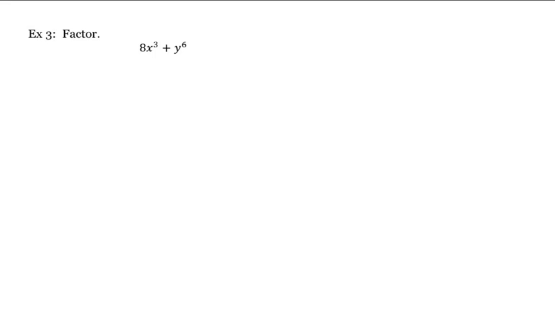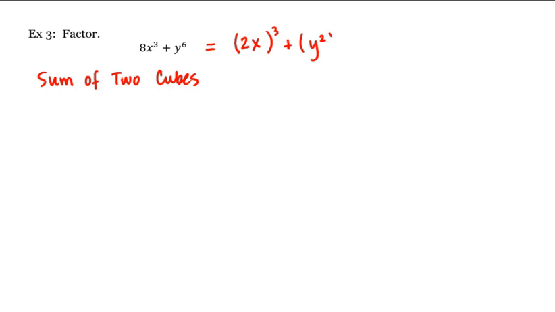Let's factor this expression. Now, this is what we call a sum of two cubes. In other words, this is equal to (2x) quantity cubed plus (y squared) quantity cubed. And again, there's a special formula in this case.